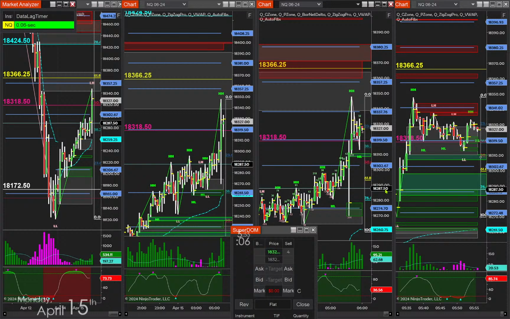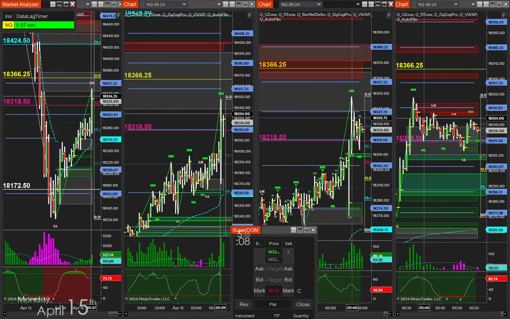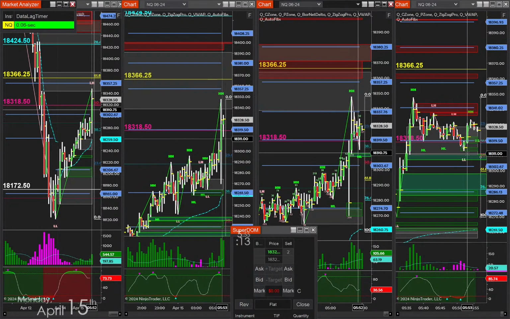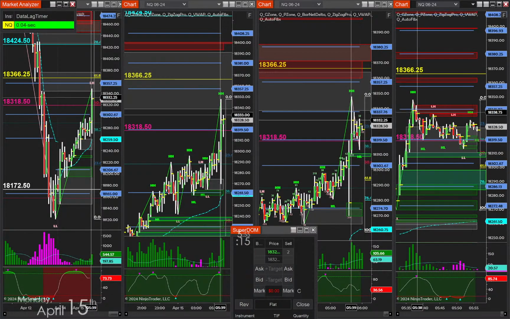Yeah, sideways consolidation right now. Not much to do here.